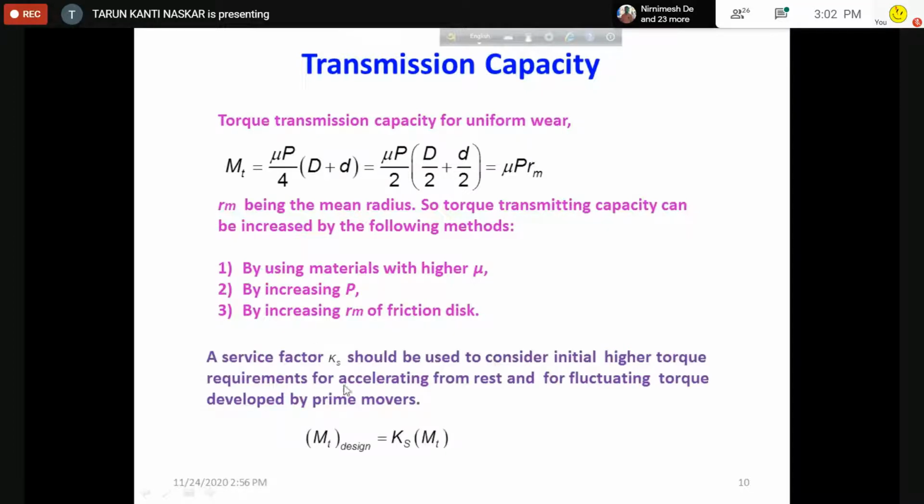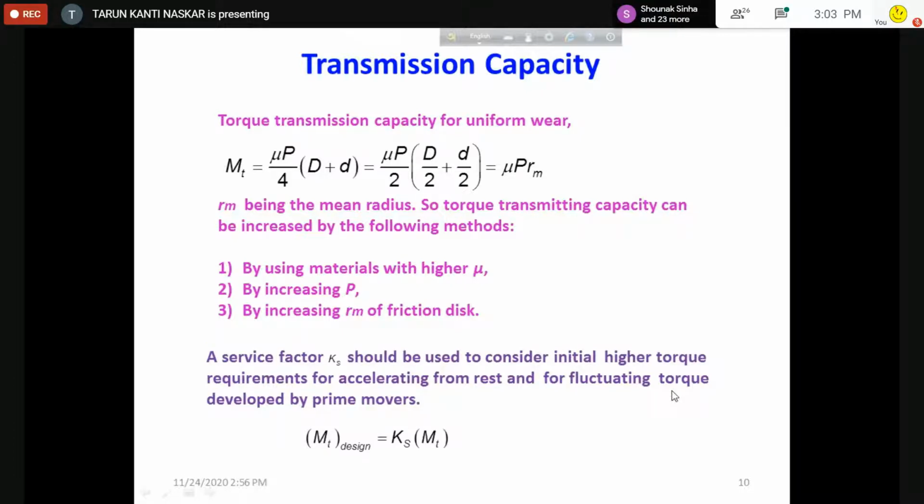Now a service factor is introduced. The service factor is introduced because at the initial position a higher torque is required, which is very obvious. You can get this point, that is, at the initial position a higher torque requirement is there for accelerating from rest, and for fluctuating torque developed by prime movers.